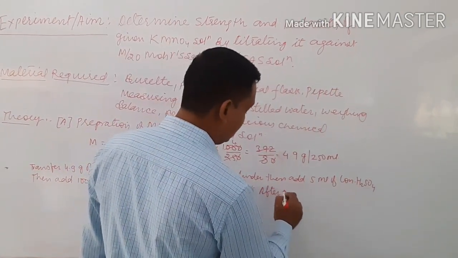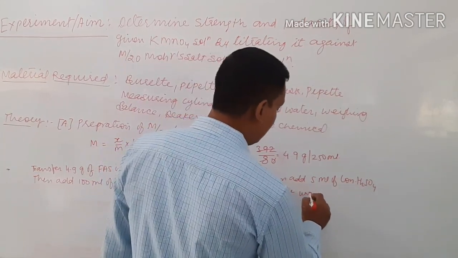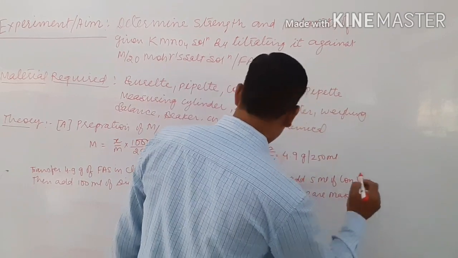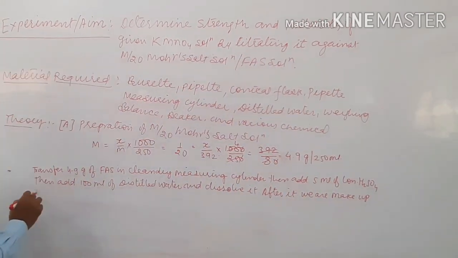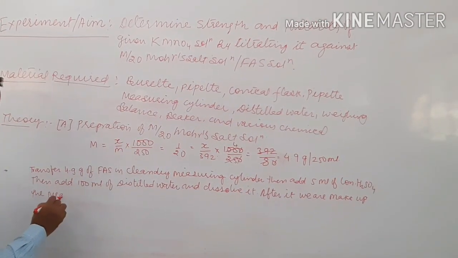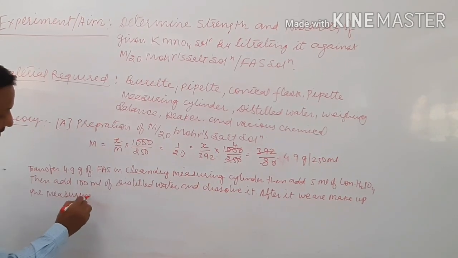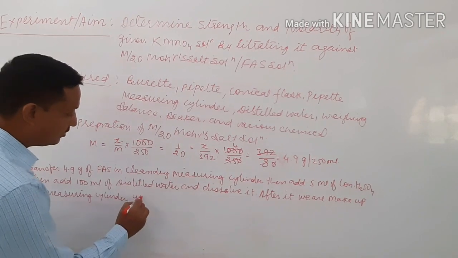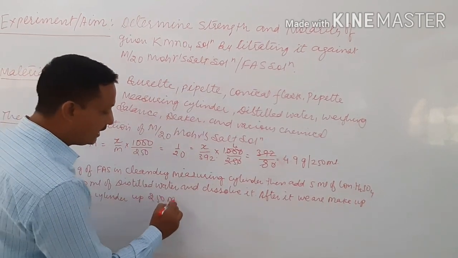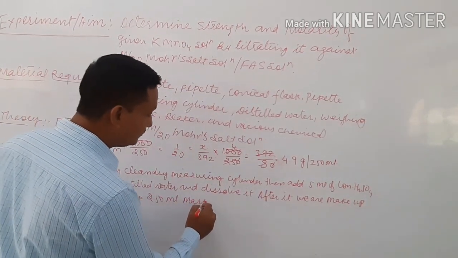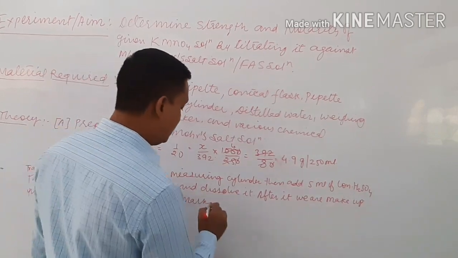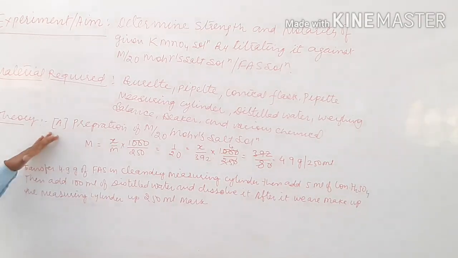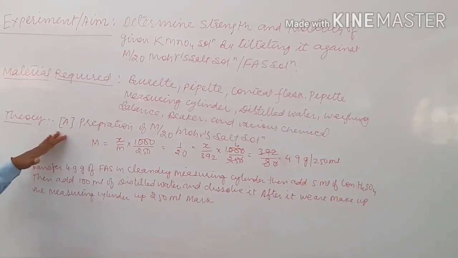After it, we make up the measuring cylinder up to the 250 ml mark. So this is our procedure to prepare M/20 Mohr's salt solution.